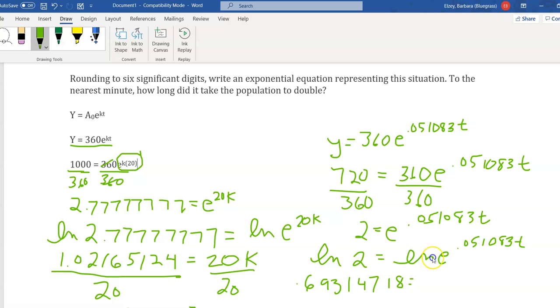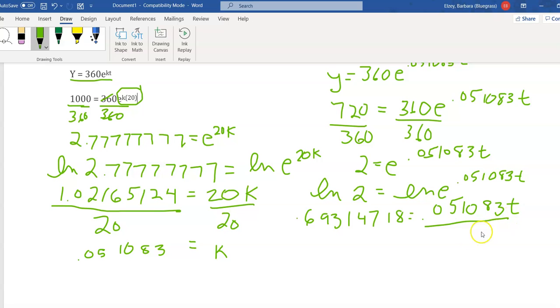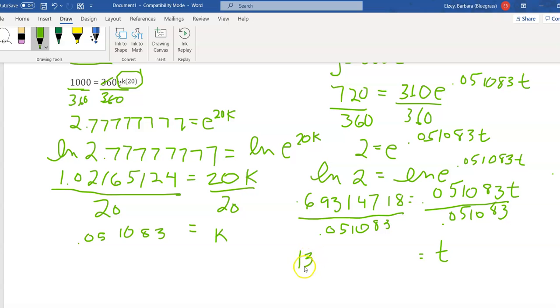On the right side, natural log and e cancel each other out, so I just get 0.051083t. And then let's finish solving for t. Let's divide out 0.051083 on both sides. And then I'll round that to 6 decimal places when I'm done, because that's what it told me it wanted the answers to. So t is 13.569038.